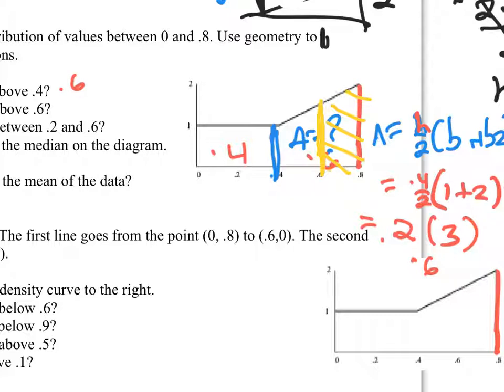No, the height is this. I'm missing one of the bases. So the question is, how do I figure it out? Is it just like I did the last time? Yeah, I just need the equation of that line. Is it the same thing as y equals 1/2 x? No, it's not the same line.